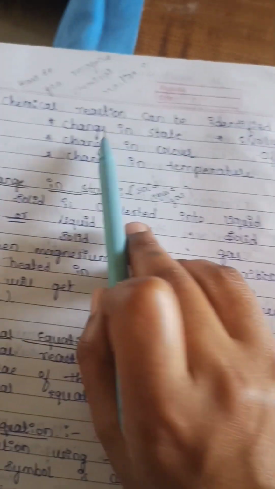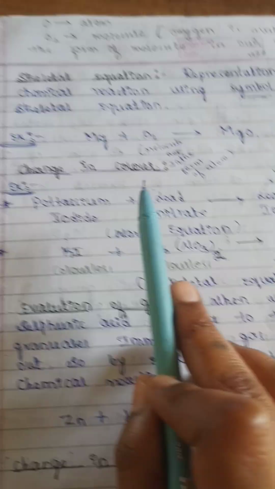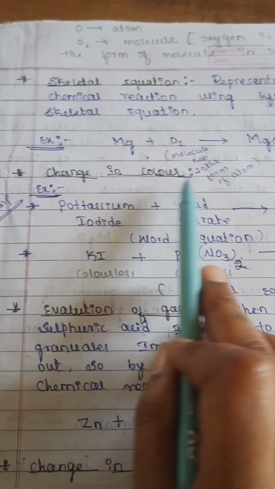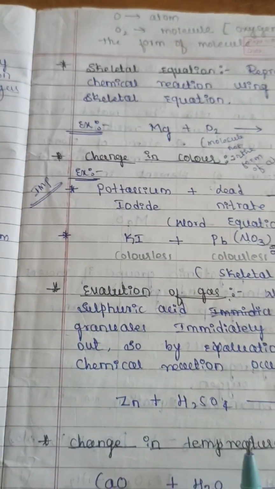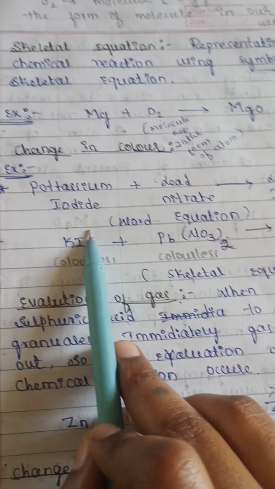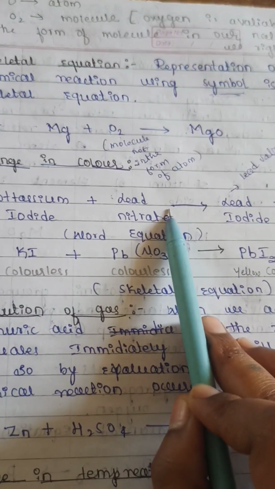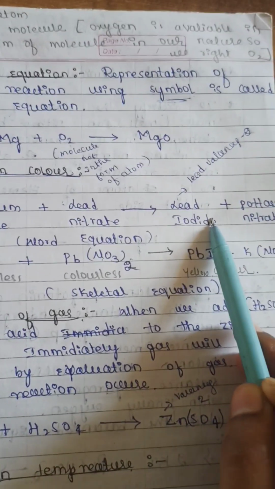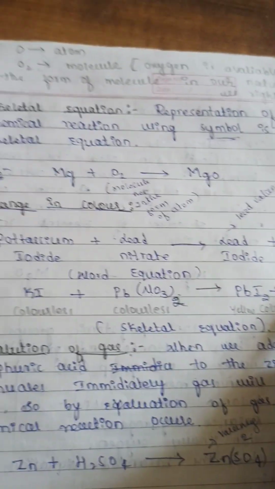So the first one was change in state, over. Next we move towards change in color. How will the color change? When potassium iodide reacts with lead nitrate, we get lead iodide with potassium nitrate.